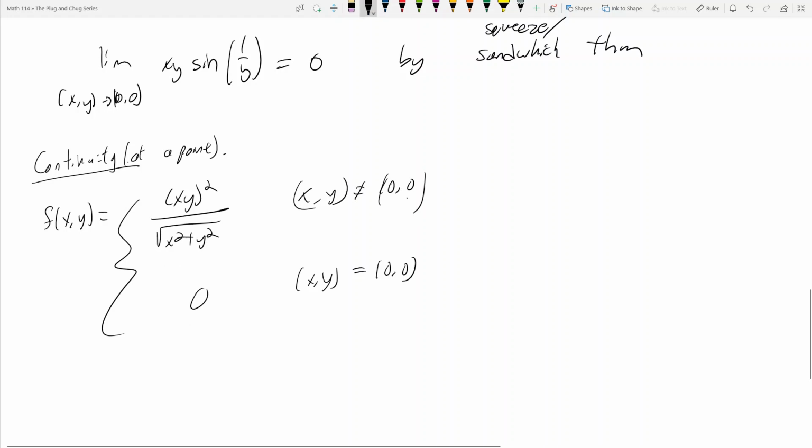So how do you check for continuity at a point? Well, there are three conditions. The first condition is that f of xy has to exist at the point in question.